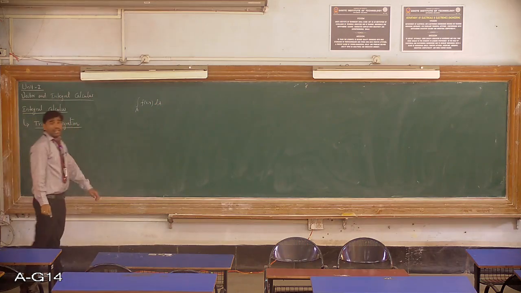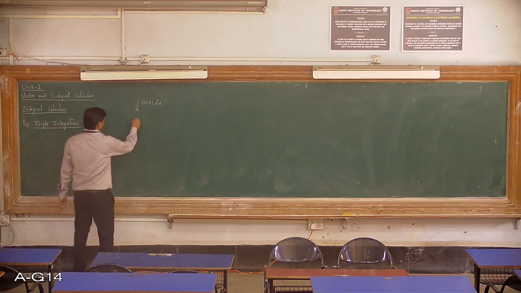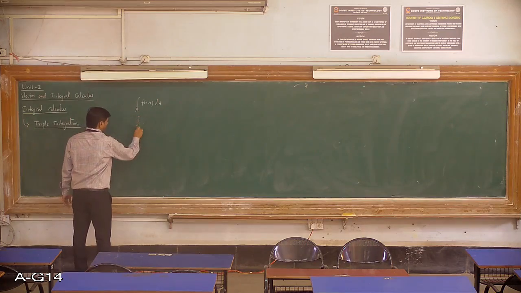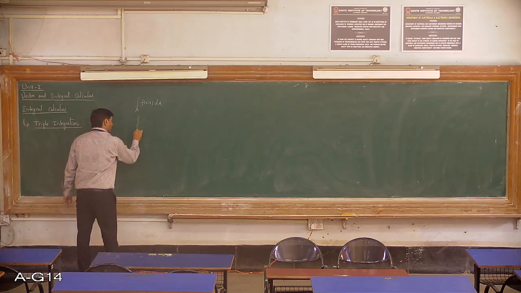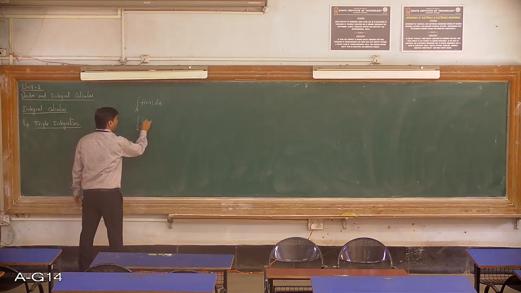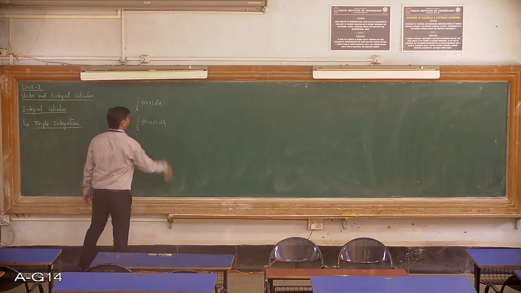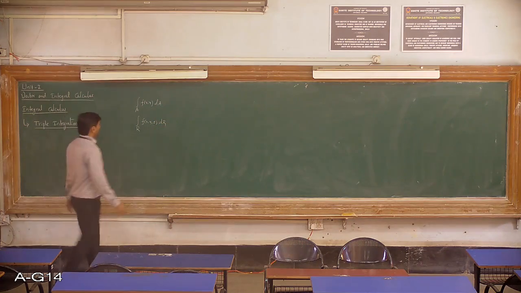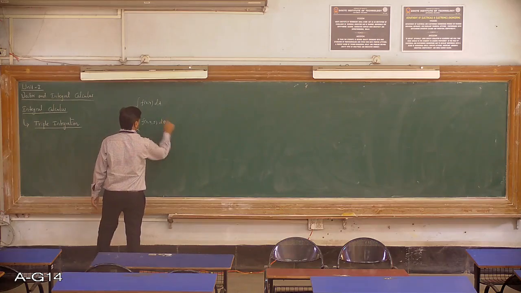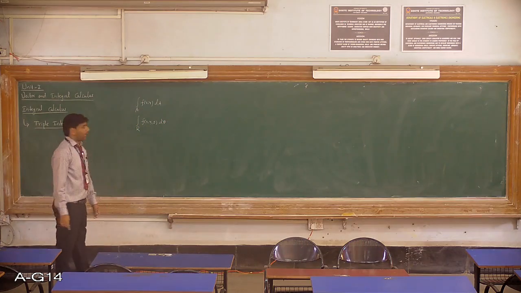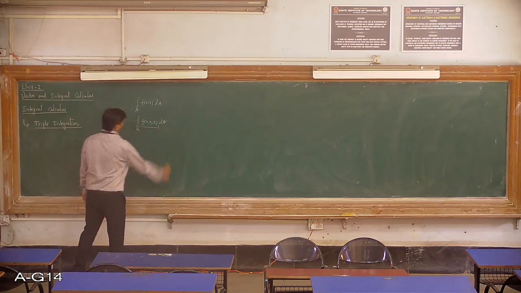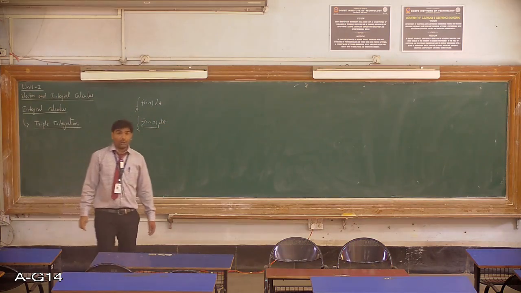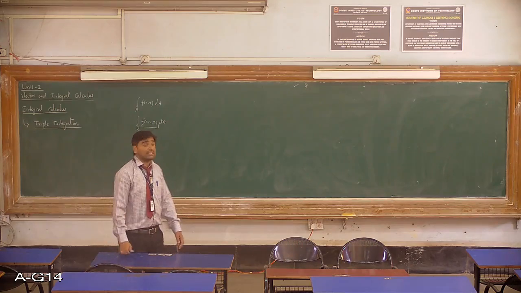In a similar way, in the triple integration, we will take integration not over an area A, but over a region R of f of x comma y comma z into dr, or we can say dv. dv means the volume element. Over a region R we will do this, and this f of x comma y comma z is a function of x, y and z.